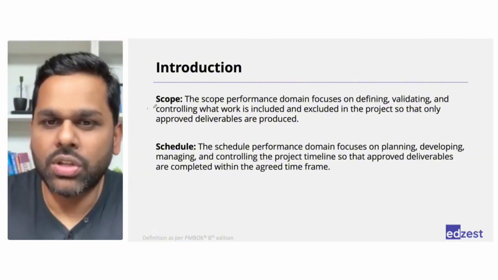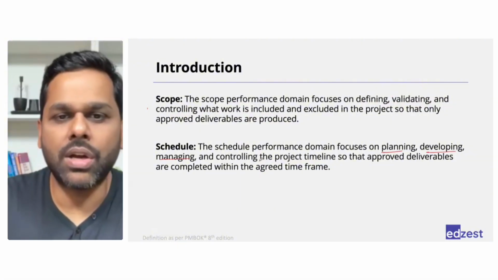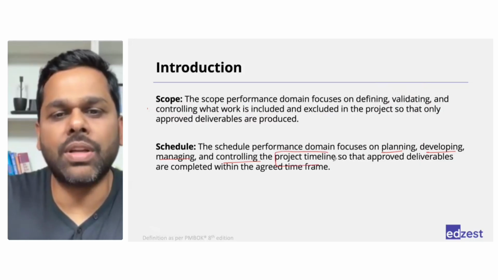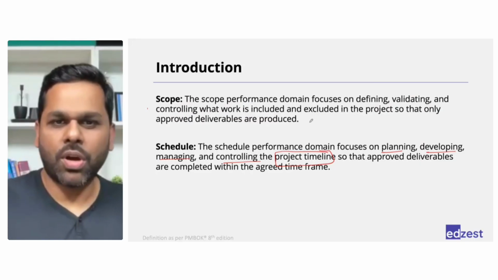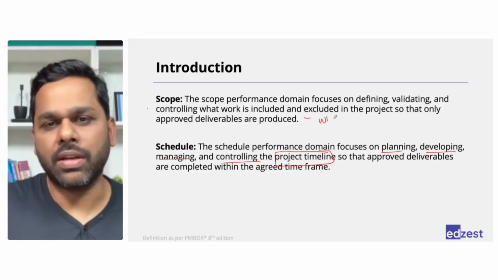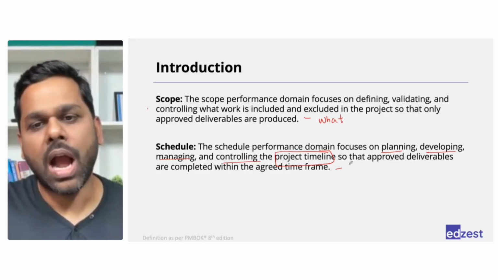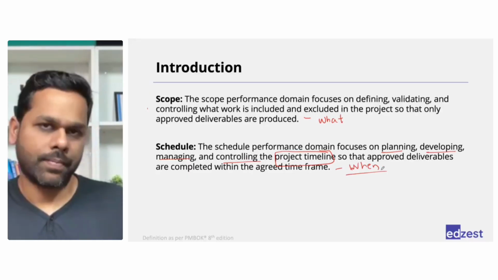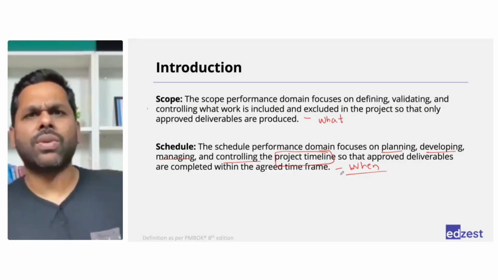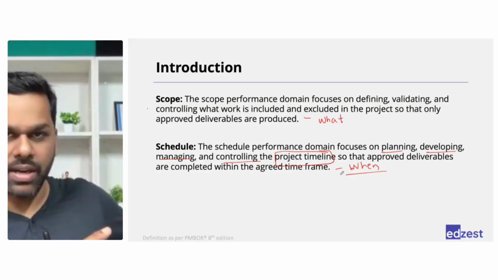Schedule talks about planning, developing, managing, and controlling the timeline of the project. Okay. See, scope talks about what needs to be delivered. Schedule will talk about when will it be delivered. Right? So let us say that you create a WBS, work breakdown structure. It has multiple work items in that.